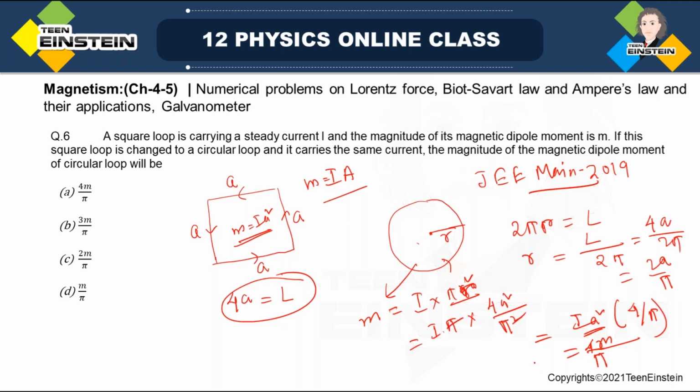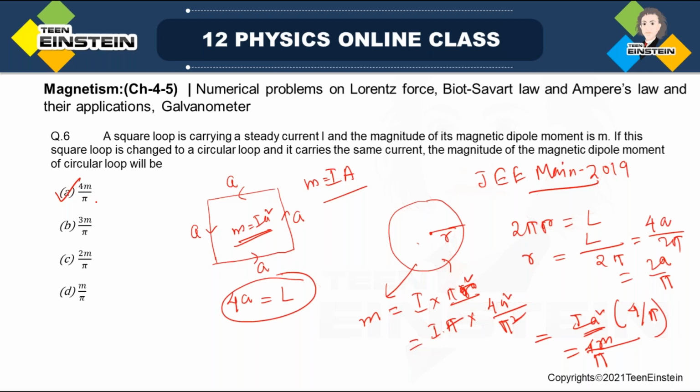Okay. So the option is 4m by pi. So this first option will be the correct option. Okay, so the answer is this one, 4m by pi.